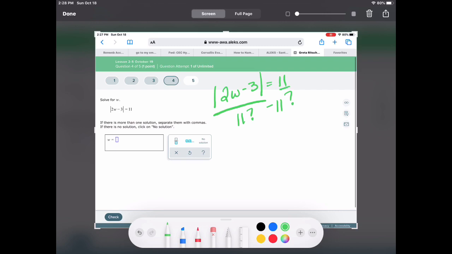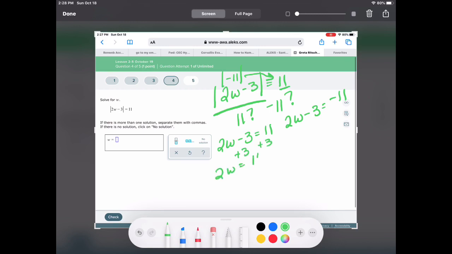It could be 11, could be -11. I'm going to solve 2w minus 3 equals 11, and I'm actually going to solve 2w minus 3 equals -11. I need to just know that the possibility of having that negative inside the absolute value signs, we need to cover our bases there. We're going to have two answers to these problems.